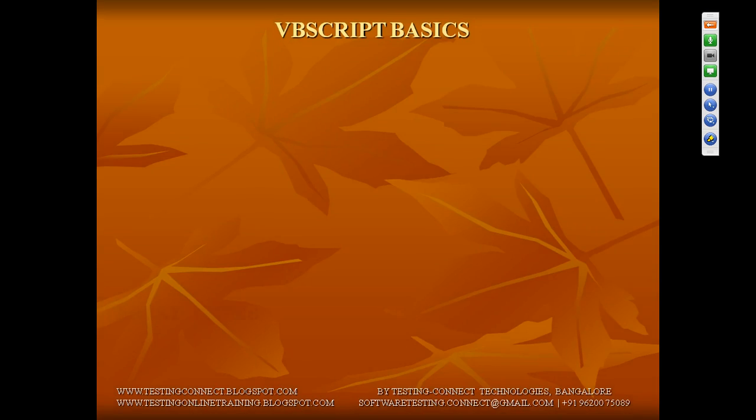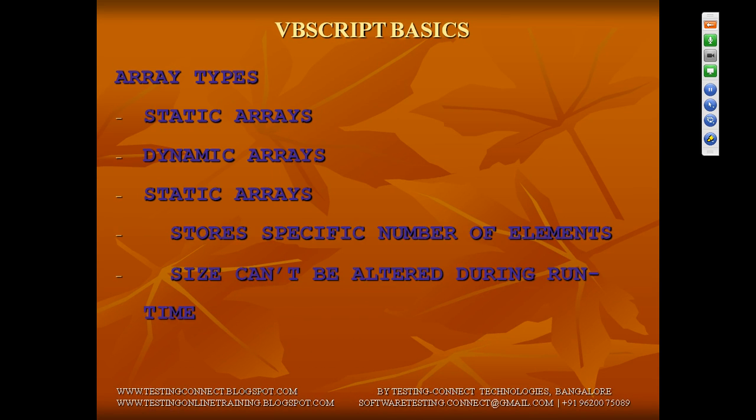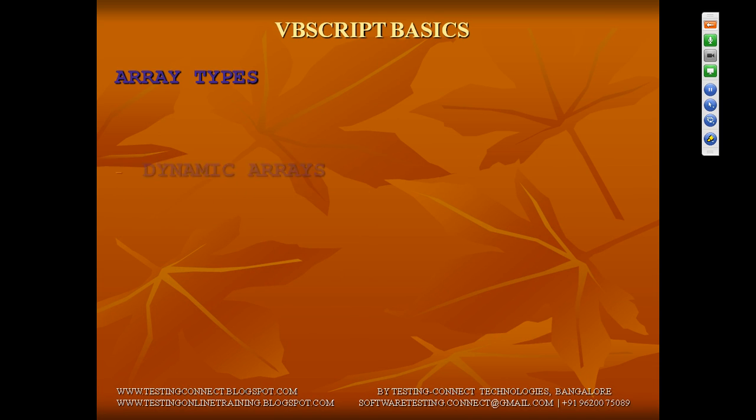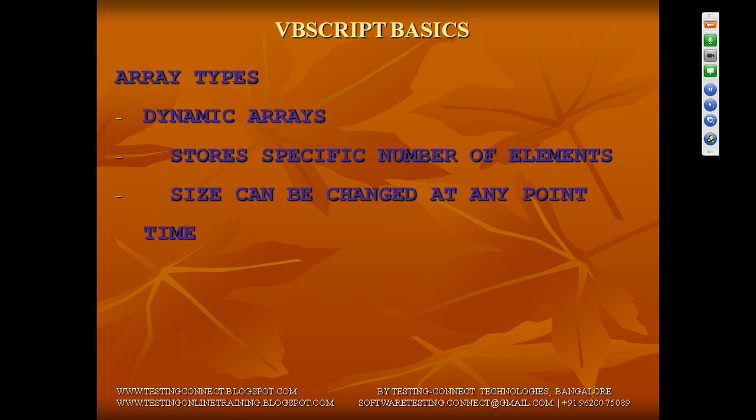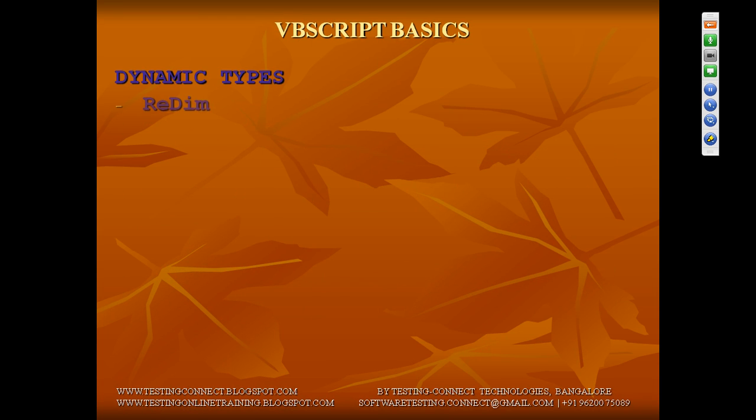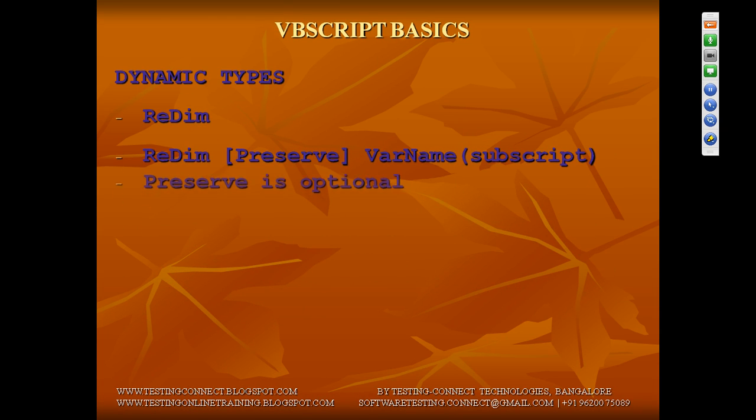So this is nothing but arrays, static arrays and dynamic arrays. Static arrays have a specific size that cannot be altered; dynamic array size you can change. It is useful whenever the array size cannot be determined. This is the syntax for the ReDim statement: Redimension, Preserve, and whatever I have given in square brackets is optional.